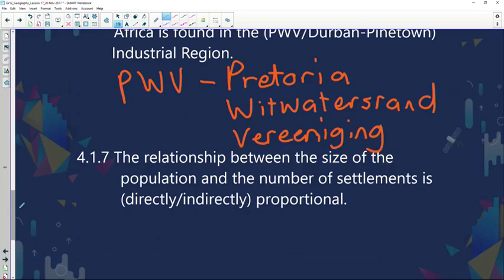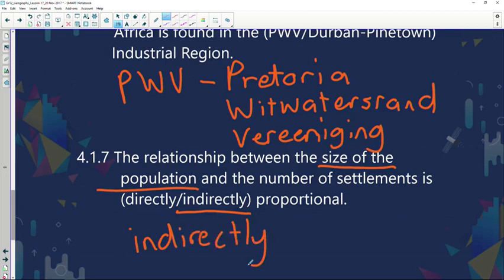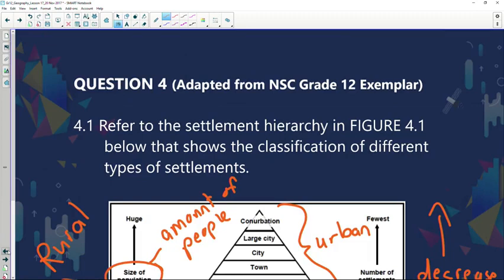Now, the relationship between the size of the population and the number of settlements: is it directly or indirectly proportional? It's indirectly, because if you go back to the diagram, what do we see?